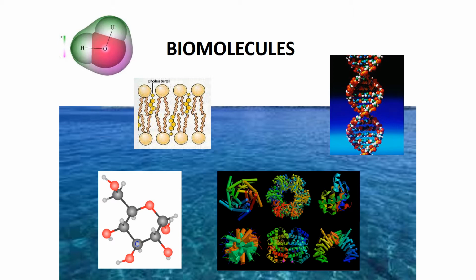The reason why I'm including water is because, as we already know, water makes up 75% of you. And we live on a planet that is basically surrounded by water, and the cells in your body are basically surrounded by water. But if you look in any book, they're only going to mention those four biomolecules, and they're not going to talk about water.